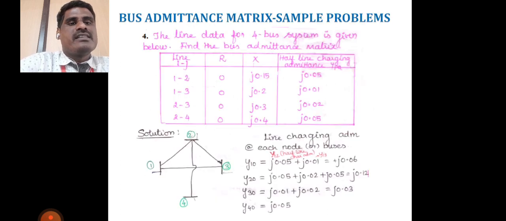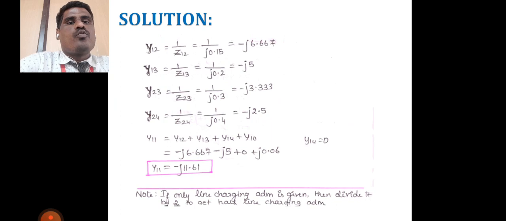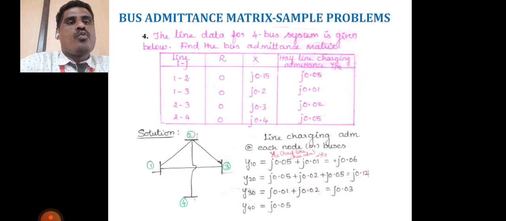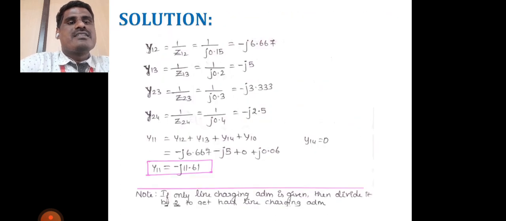For the first line, 1 to 2, the reactance value X is j 0.15. So, Y12 equals 1 by Z12 equals 1 by j 0.15. So, the result is minus j 6.667.